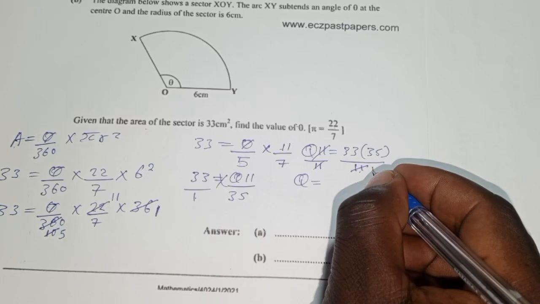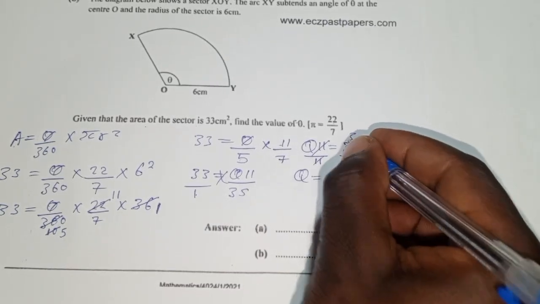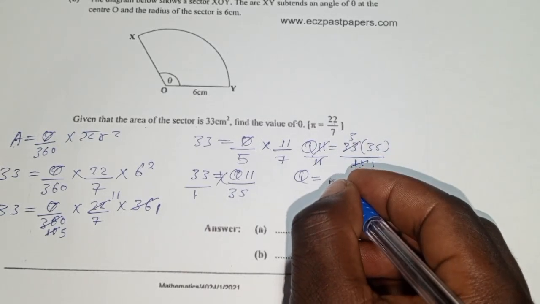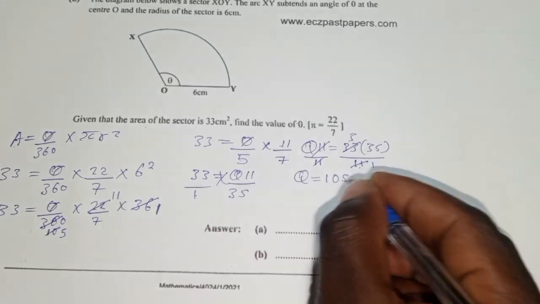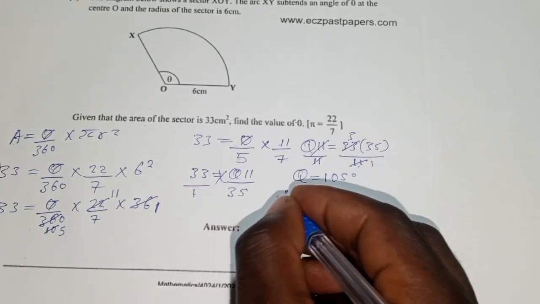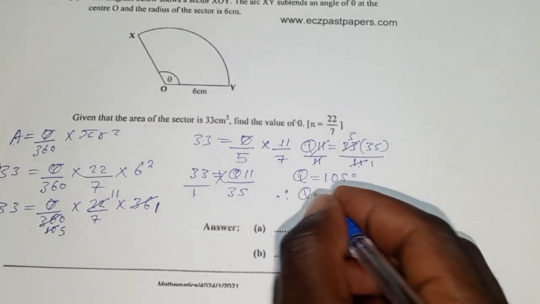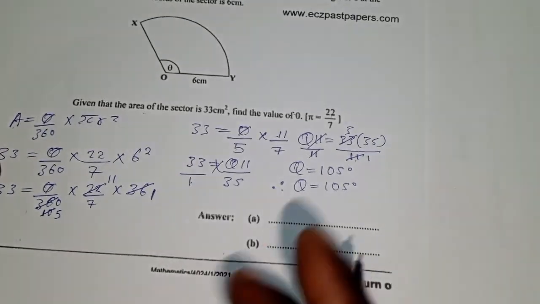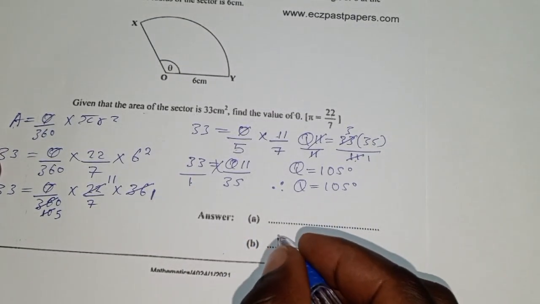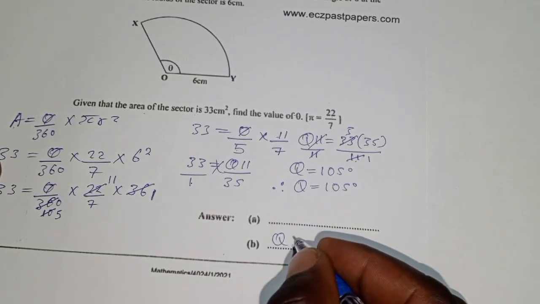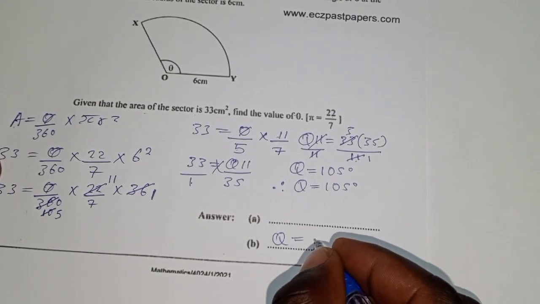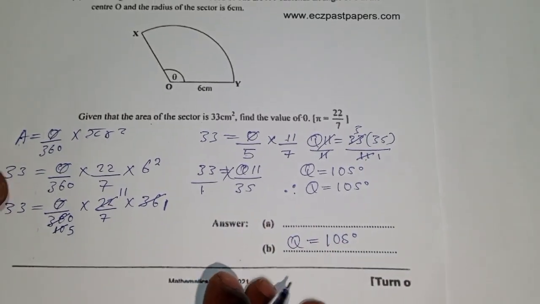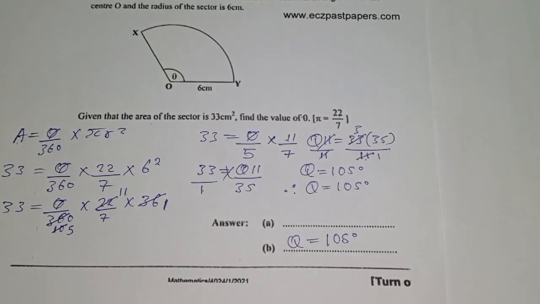So 11 here, 1, 11 there, 3. Now 3 times 35, I believe you are going to get 105 degrees. That simply means that theta was equal to 105 degrees. Make sure that you don't forget to write your answer to say theta is equal to 105 degrees. So this is how we needed to answer the question.